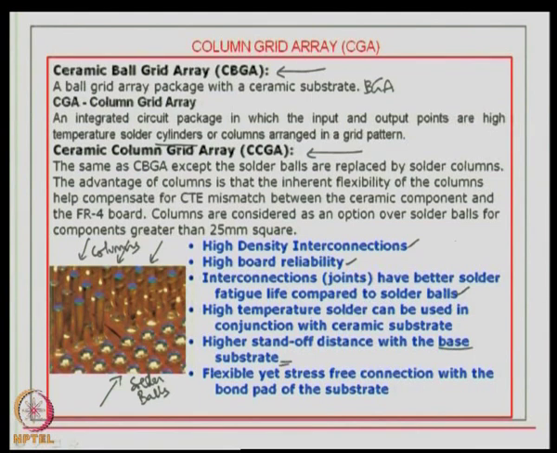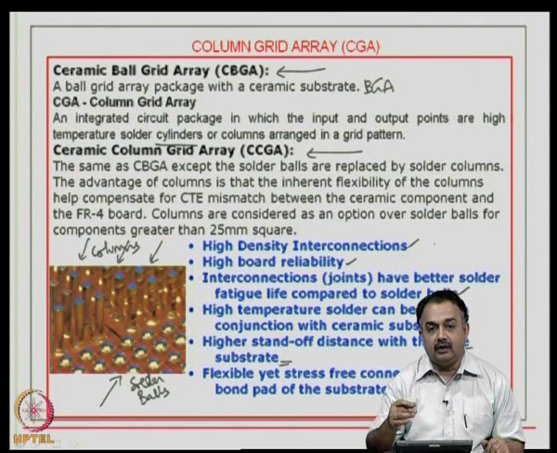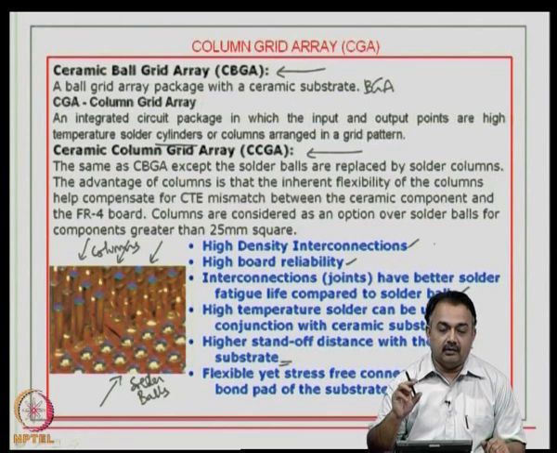If you can imagine that there is a substrate and a BGA solder ball, there is a very small gap between the die and the printed wiring board substrate. But in the case of a column grid array, you can expect a large gap between the silicon die and the ceramic substrate that you are using.